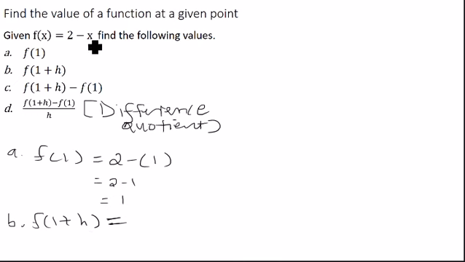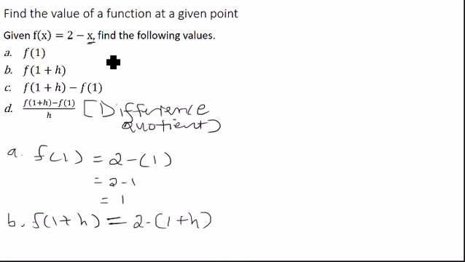So in this case, we're going to have to replace x by 1 plus h everywhere, because remember, x is just a placeholder. So it's going to be 2 minus (1 plus h). See how it is when I replace x by 1 plus h, I'm using the parentheses here.